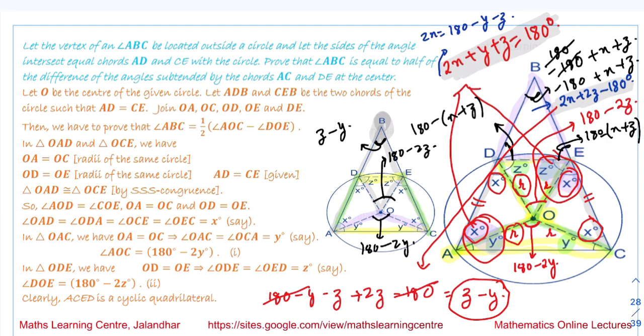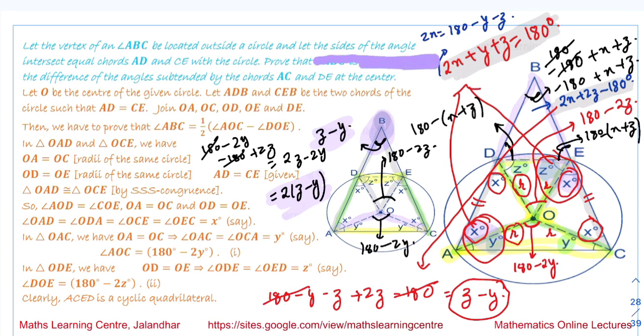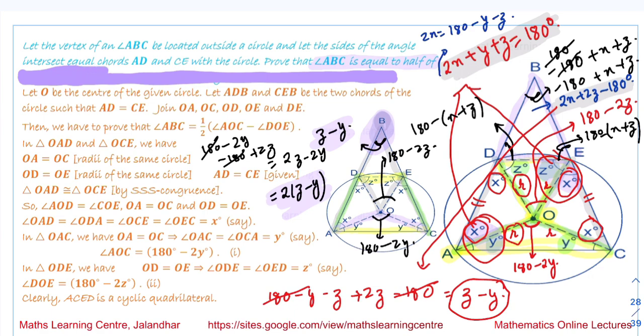So the difference of these two angles will be 180 minus 2y minus 180 plus 2z. So this gets cancelled and we are left with 2z minus 2y, that is equal to 2 times z minus y. And this is what we have to prove: that this angle at B is z minus y, and the difference of these two angles is 2 times z minus y. So the angle ABC is equal to half of the difference of the angles subtended by the chords AC and DE at the center.